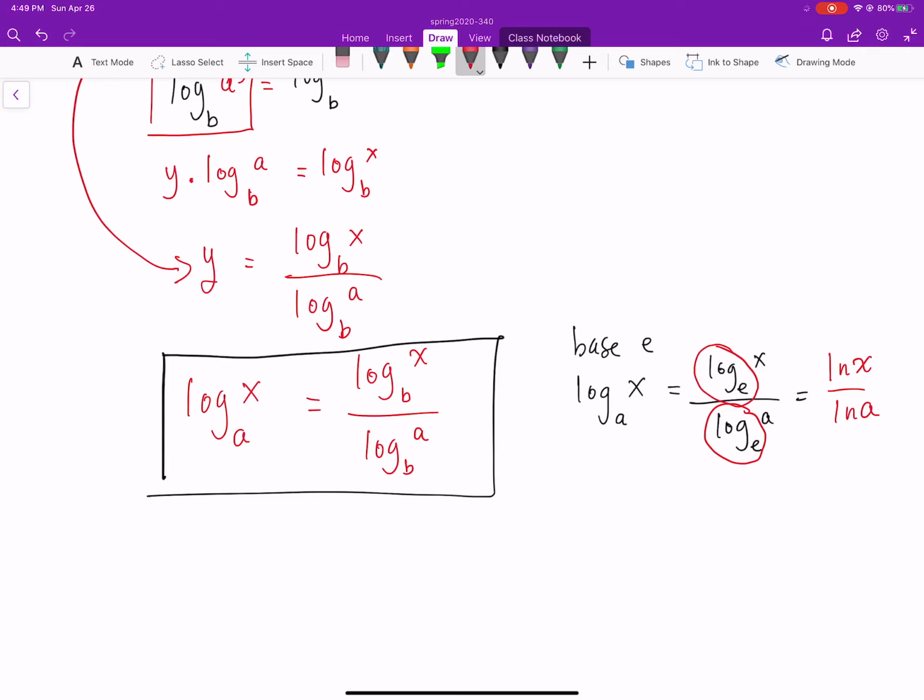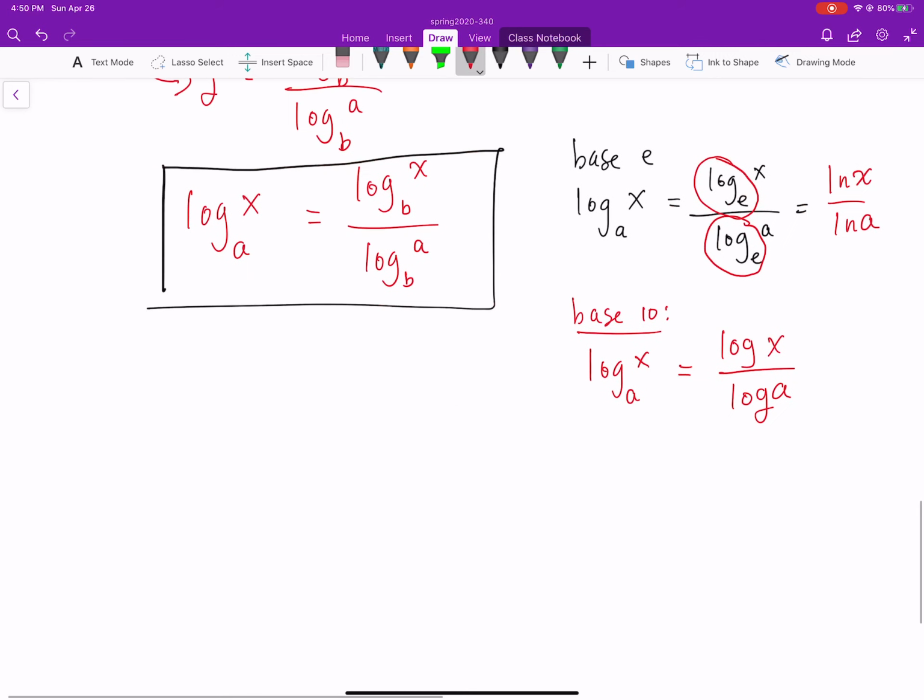So if you desire to be in base e, this is what you get for your outcome. If you are in base 10, then log a x is the same as log x divided by log a. Remember that a log without a base is base 10. So you have a log of any base of x, you can do a change of base in base 10, and it will look like log x divided by log a. Certainly, you could pick any base.